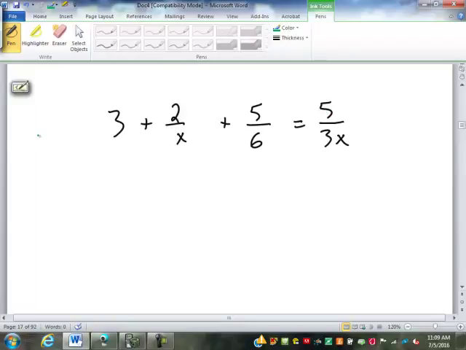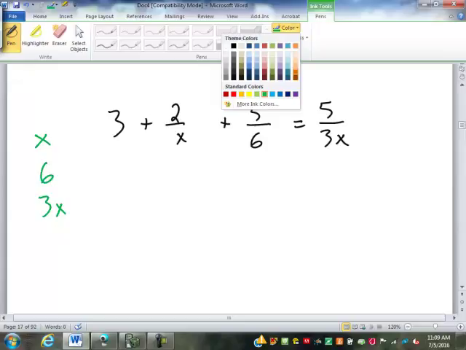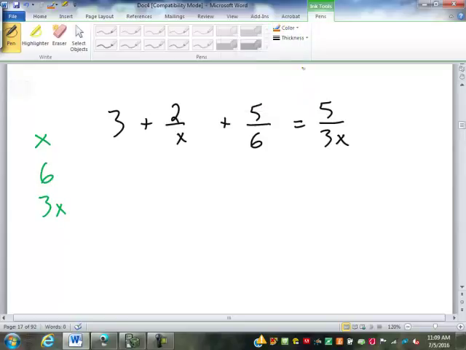Our denominators here are x, 6, and 3x. So the least common denominator, what is the smallest number that both 6 and 3 will go into? 6, right?